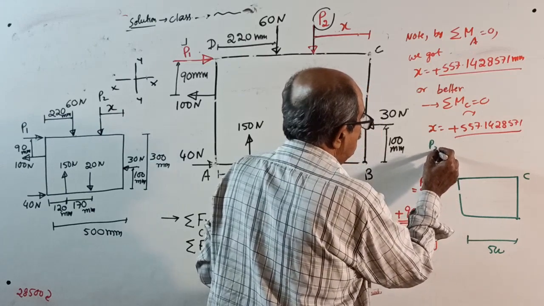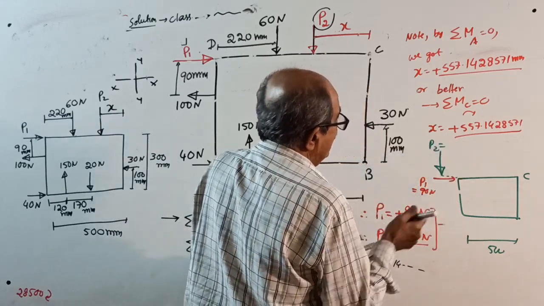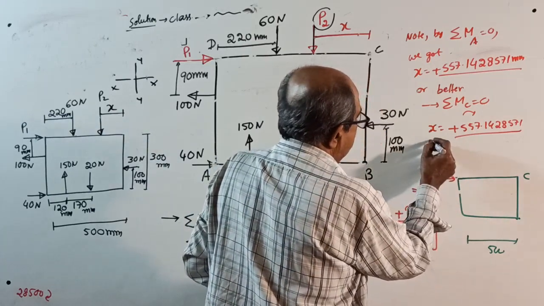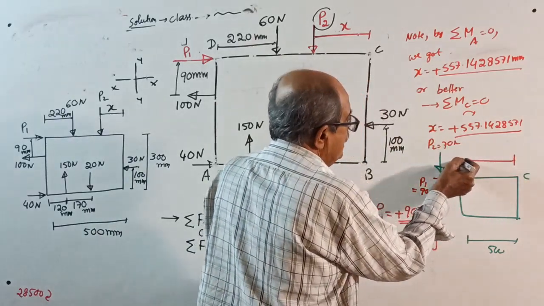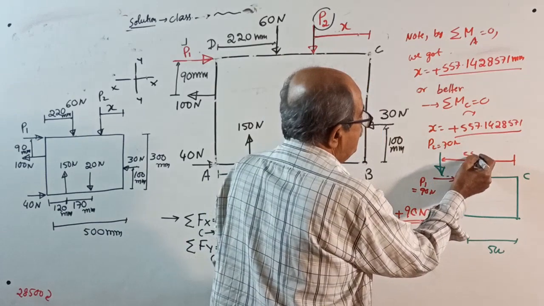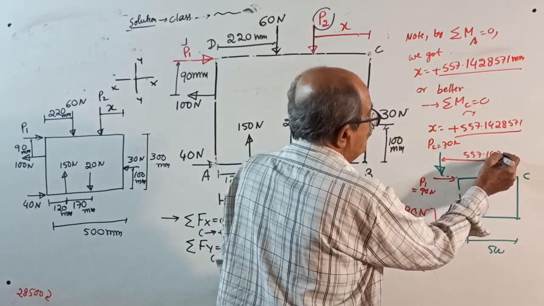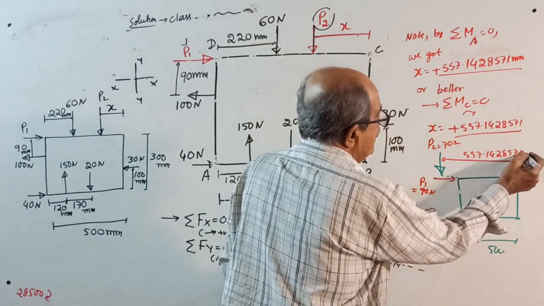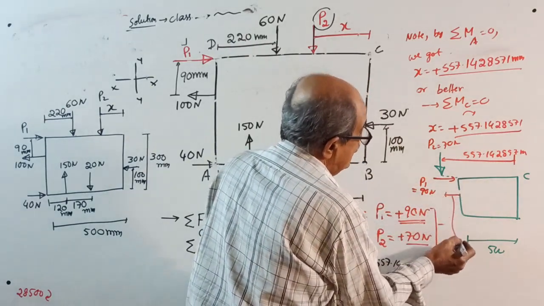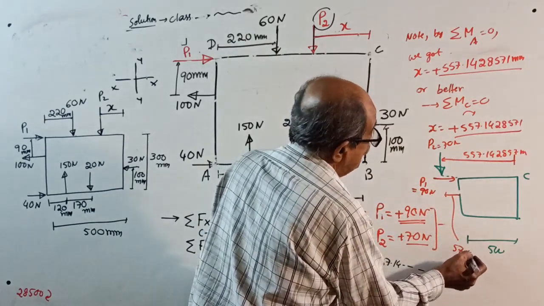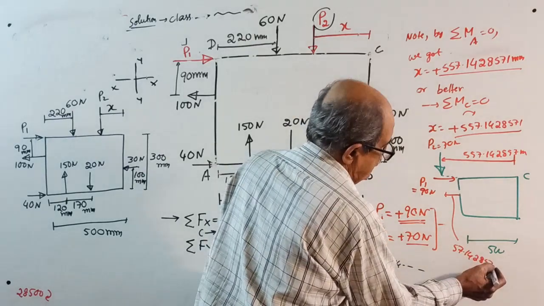Your P2, red color I will put here, equal to 70 Newton. From C, it should be 557.1428571 millimeter, or from A, it should be 57.1428571 millimeter.